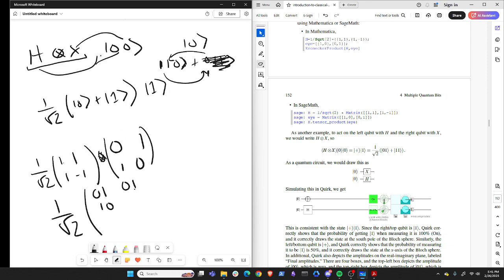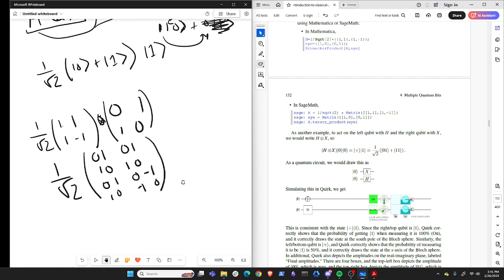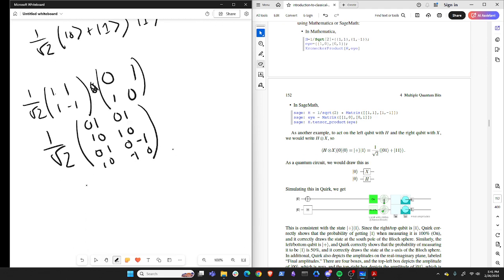Again here, 1 times there, the X matrix, and then here the 1s become negative. Okay. Perfect. So this is the tensor product of those two gates that we can then apply directly to our state.